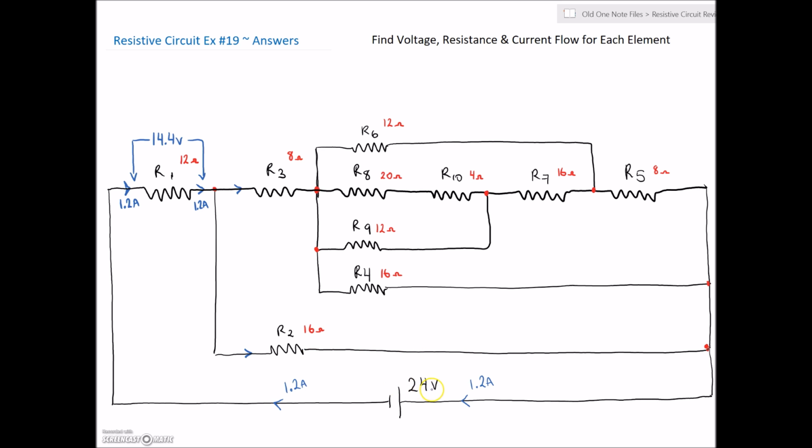So the whole source voltage is applied across R1 and R2. So that means that this voltage right here at R2 would be the 24 volts, which we've got for the source, minus the 14.4 volts. So we got 9.6 volts across R2.